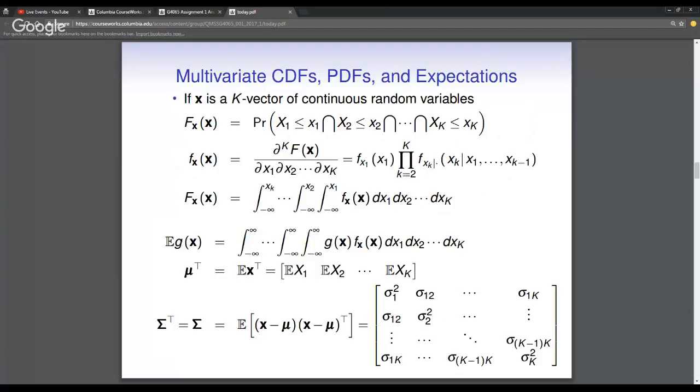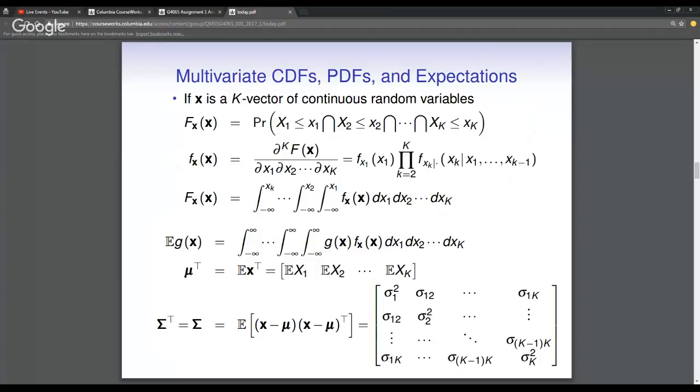By miracle of calculus, you could go from the PDF to the CDF. Start with the PDF, integrate it with respect to x1 from negative infinity up to little x1. That's going to be some new function. Integrate that function with respect to x2. You're going to get a new function.